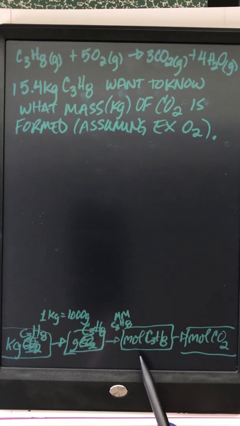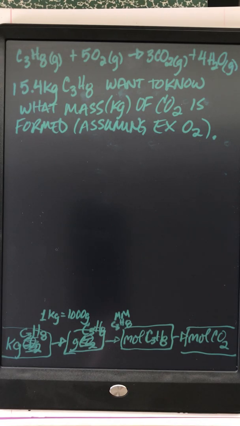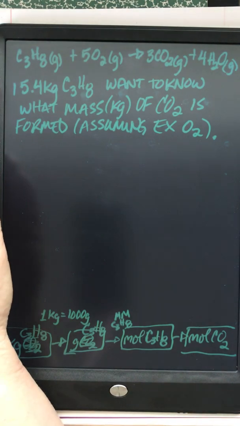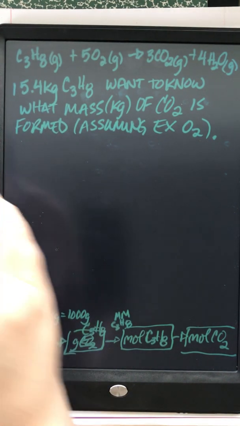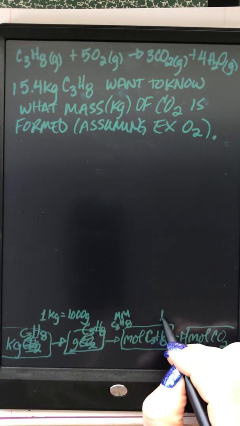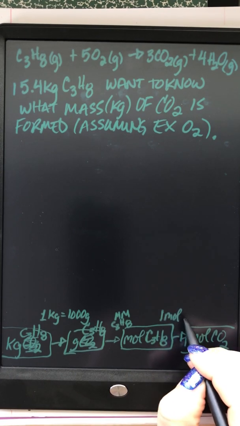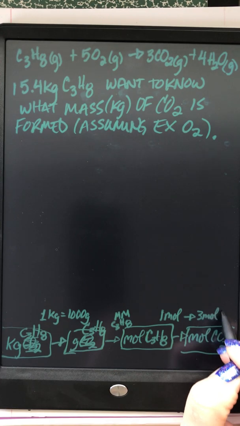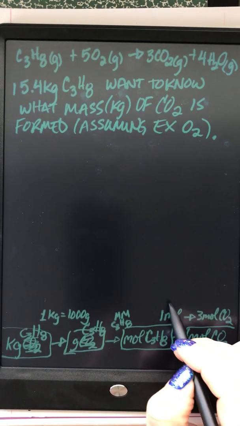And how do we get from moles of propane to moles of CO2? The mole ratio. Yes. So for every one of the propane, how many carbon dioxides do I have? 3. Exactly. 1 mole of this guy for every 3 moles of carbon dioxide.